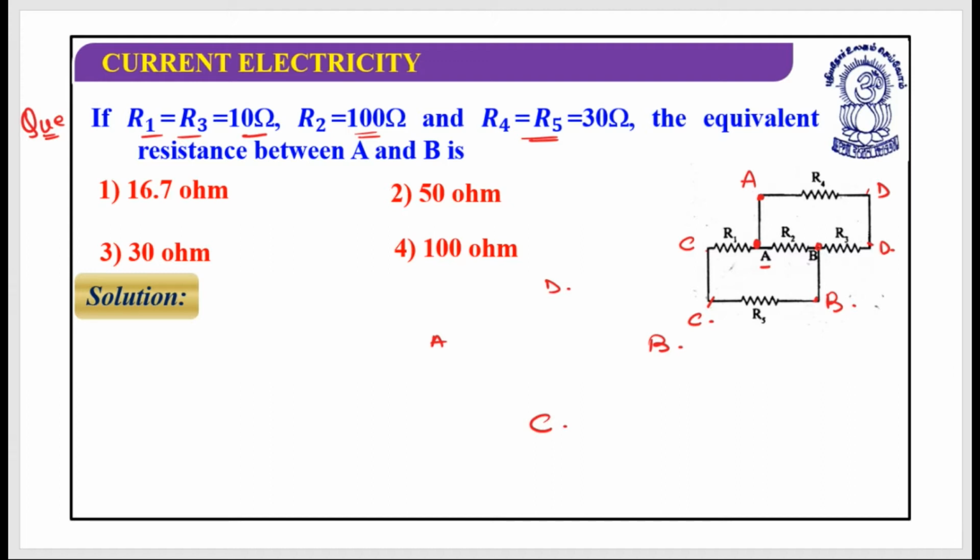Now from A to D, it's R4. Cut it down. Next, from A to C, it's R1. Cut it down. Next, from C to B, it's R5. Next, from B to D, it's R3.